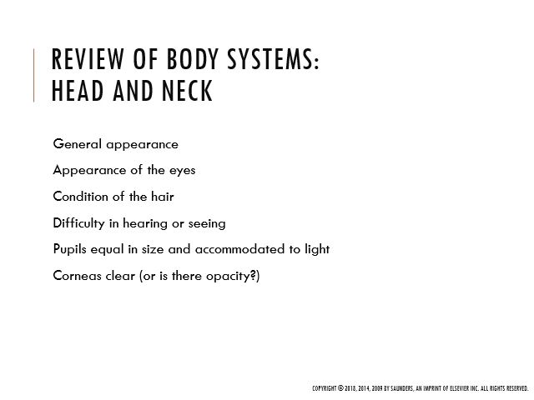We want to make sure that they're equal in size. We want to make sure that they accommodate to light. And the corneas, are they clear? Or is there opacity? And opacity is one of those medical terms. Go ahead and look it up if you don't know what it means, and make a flashcard.